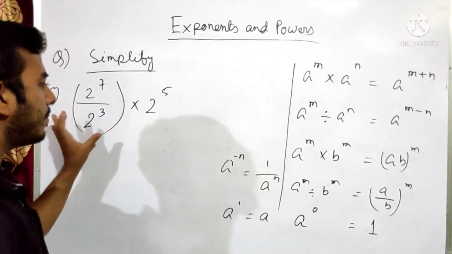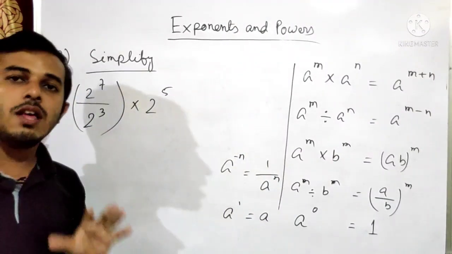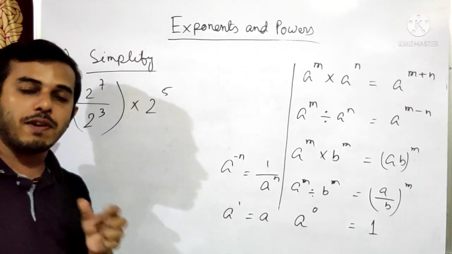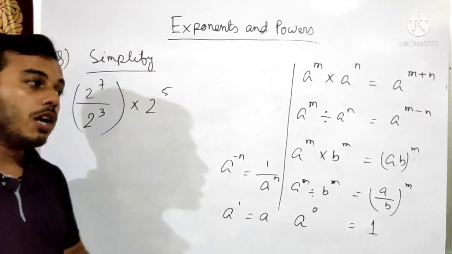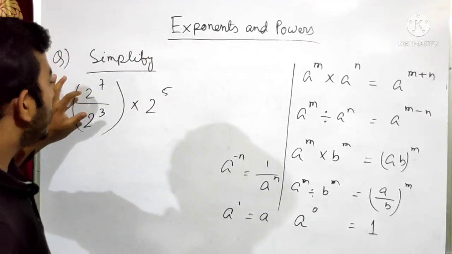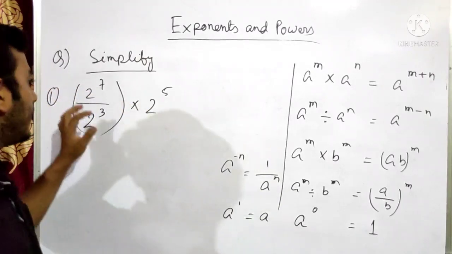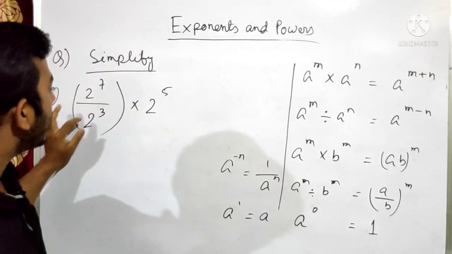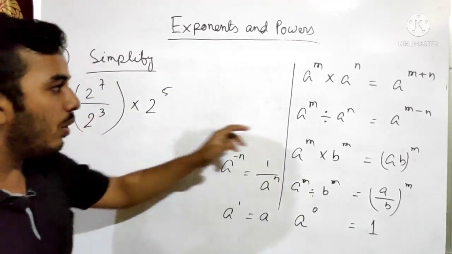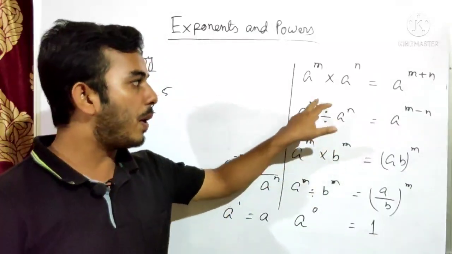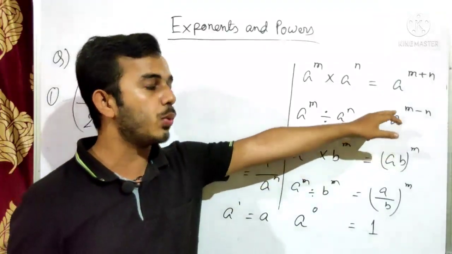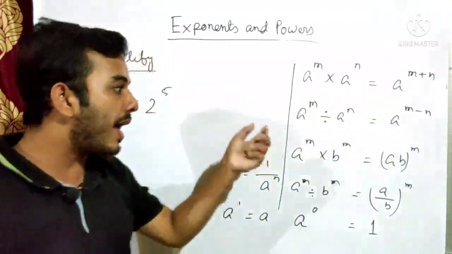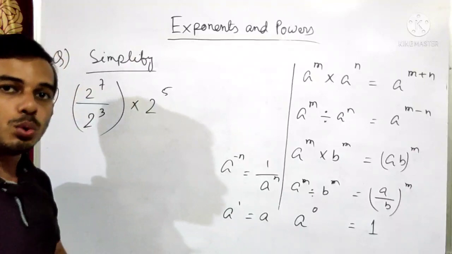First, since the bracket is given, we have to solve the bracket first. So here we can consider 2 as a. Look, a power m divided by a power n. So we will be using this relation: a power m divided by a power n equals a power m minus n. So here, which number is a? Here a is 2, isn't it?